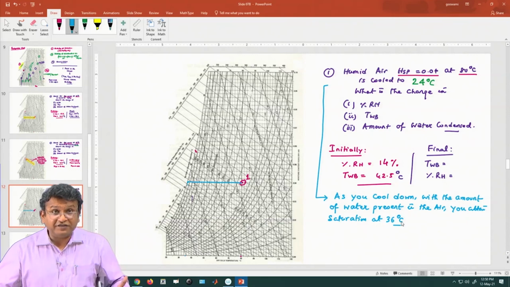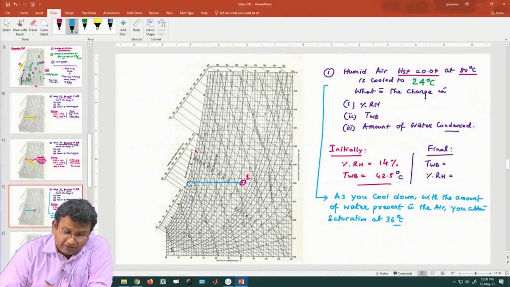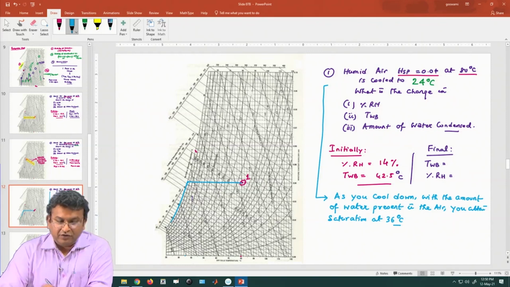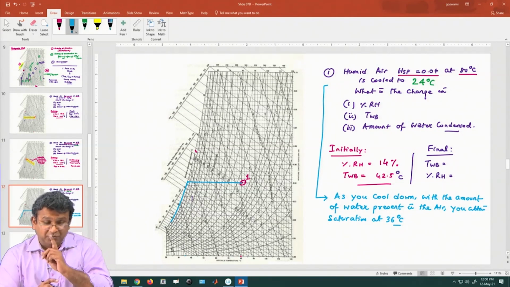Now it is 100% saturated, but you still want to cool it down. So, what will happen? Now, the cooling trajectory will follow the saturation line. So, this is 24 degrees, up to here.